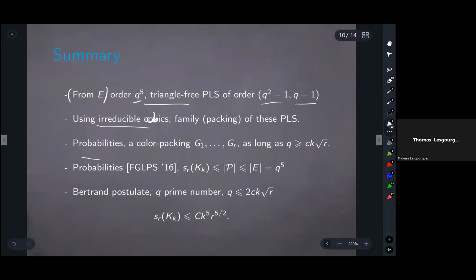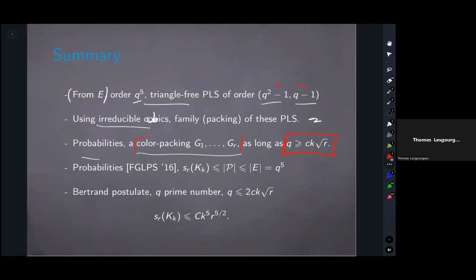Using probability, we prove that this family of partial linear spaces gives us a color packing of the graph, using the collinearity graph. And that works as long as we have a condition coming from the order. We need the order of the partial linear space to have some nice property. And as long as we have that, we have a color packing.